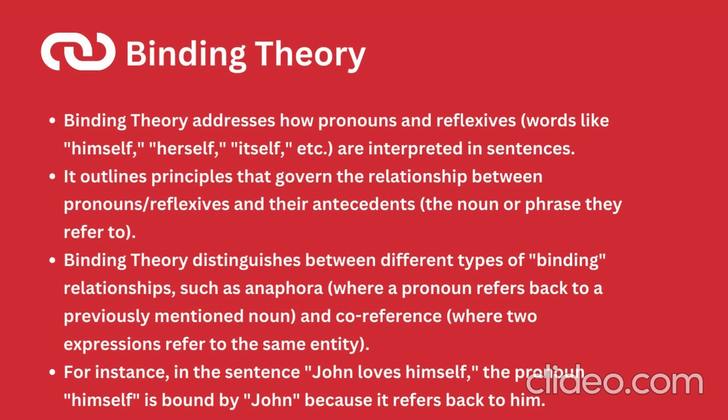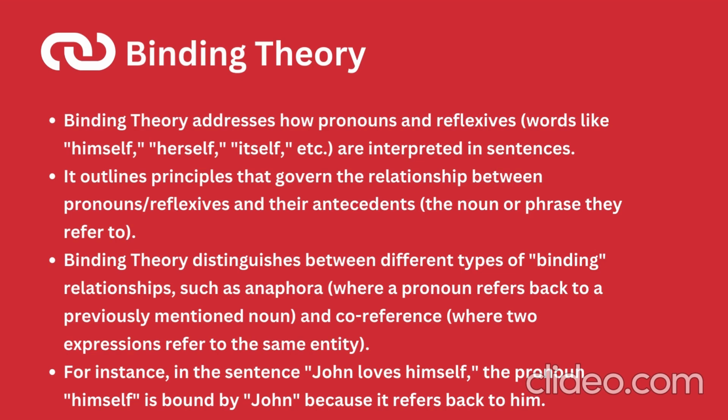Next theory is the binding theory. So, let's talk about binding theory, which is like a rule book for pronouns and words like himself, herself, etc. It helps us understand how these words relate to other words in a sentence. So, it addresses how pronouns and reflexives like himself, herself, itself are interpreted in a sentence.